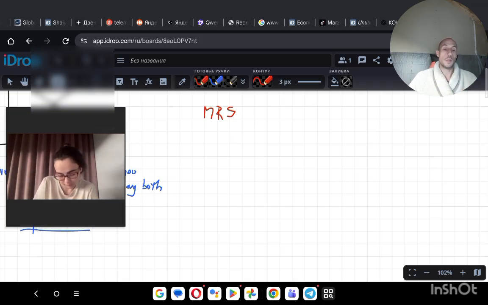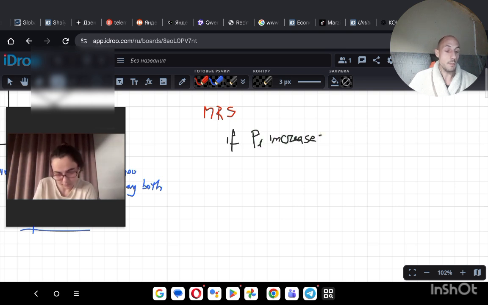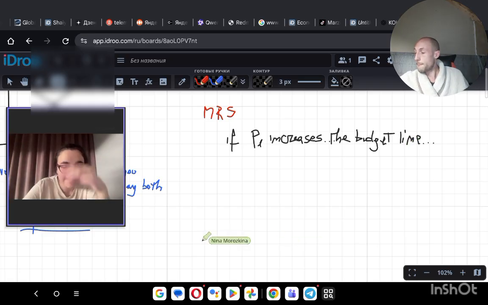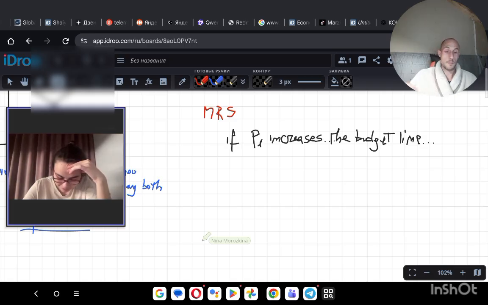Now, last one. If P1 increases, the budget line. You may want to draw it first. If P1 increases, what happens to the budget line?